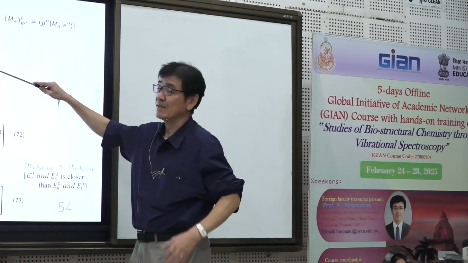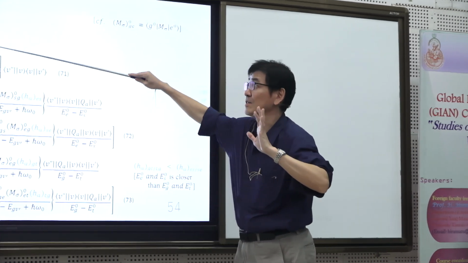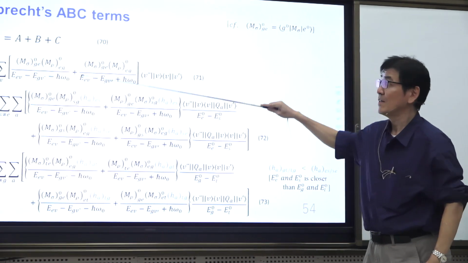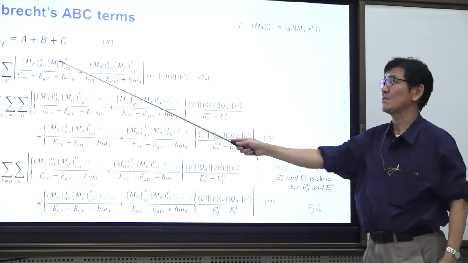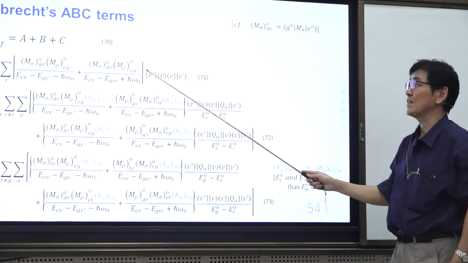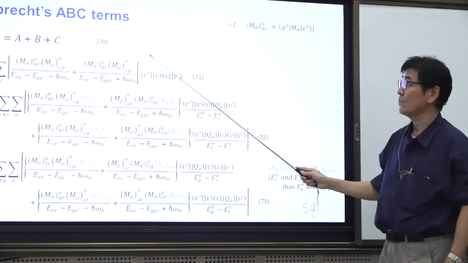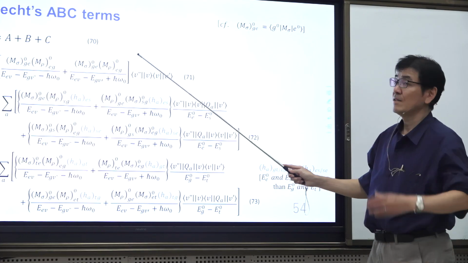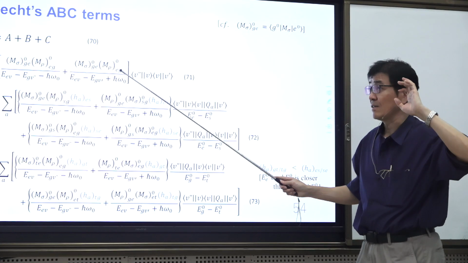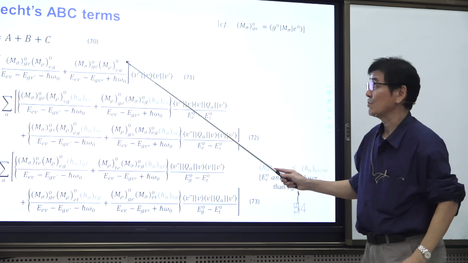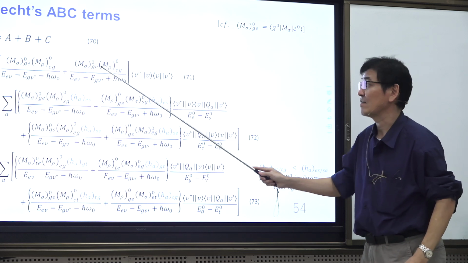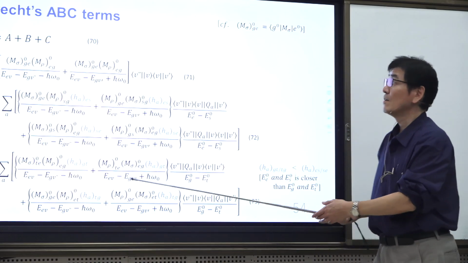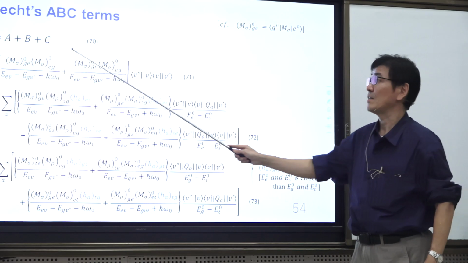And by substituting the Herzberg-Teller expansion, we can classify it into three groups. The A group consists only of the main part of the electronic wave function. So initial, intermediate, final belong to ground, excited, excited, ground. So the main part gives the A term.